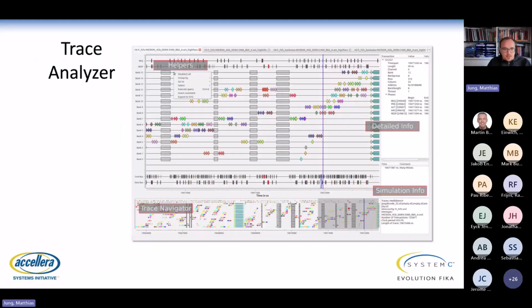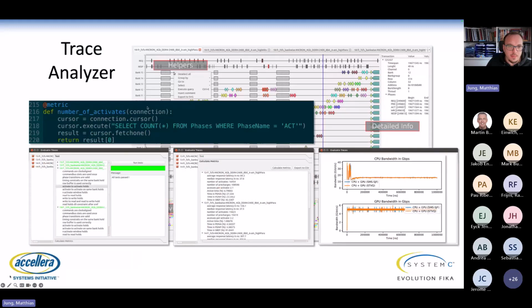Yeah, the next thing is the trace analyzer. That's also part of DRAMSys, and this is pretty helpful to see and understand what's going on in the DRAM system. I can also show you in a second that live. And there we have some additional things, like we have a Python interface, and we can record all the transactions during the simulation. And everything is stored in a SQLite database.